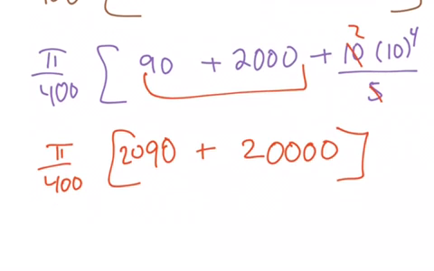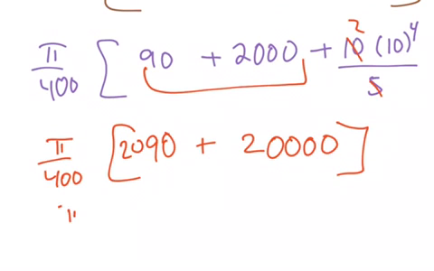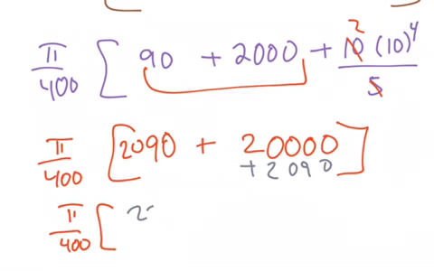What does that give me? That gives me pi over 400 times, if I add 2090 to this, 22,090.